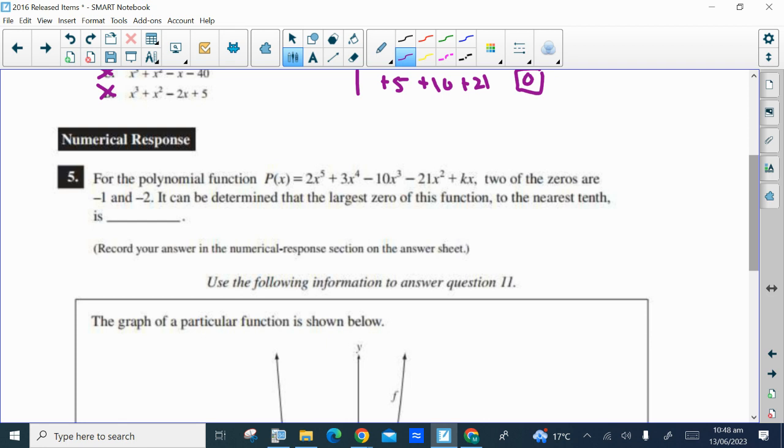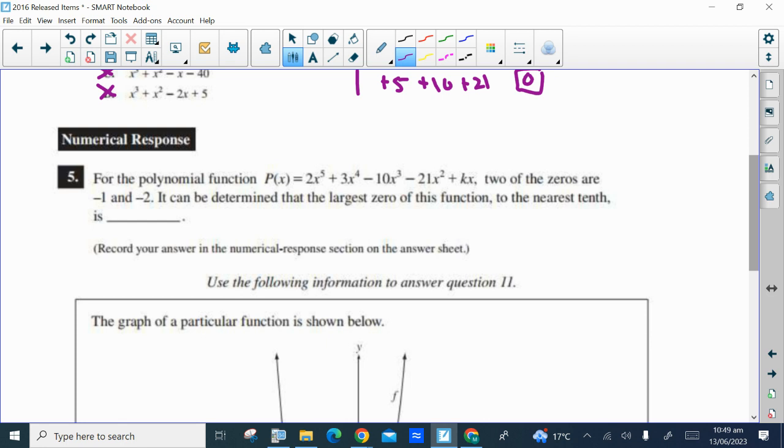Number 5 of the numerical response. For the polynomial function p at x, you can see you're missing k, the coefficient of x. Two of the zeros are negative 1 and negative 2. It can be determined that the largest zero of this function to the nearest tenth is what?